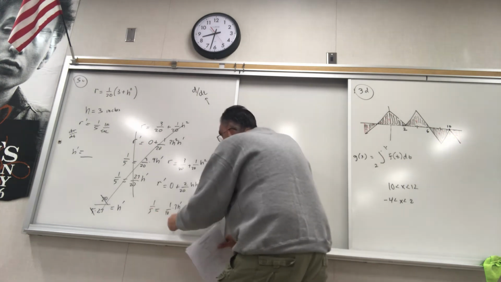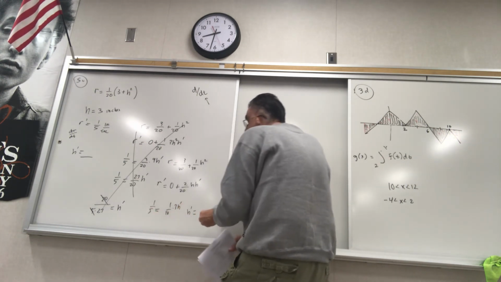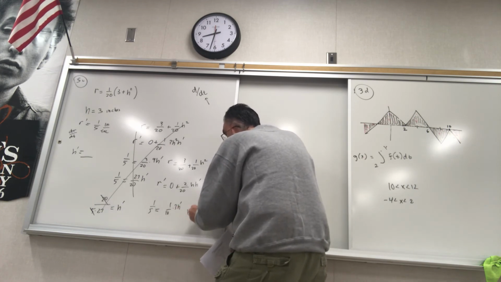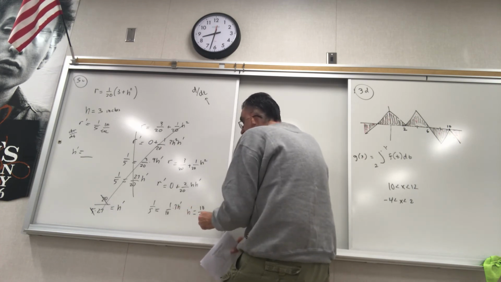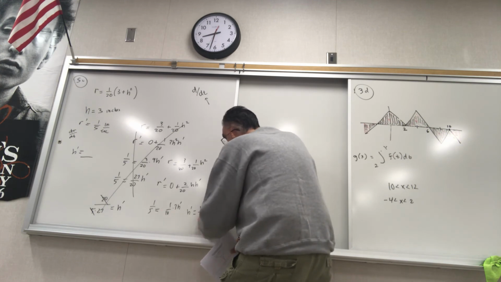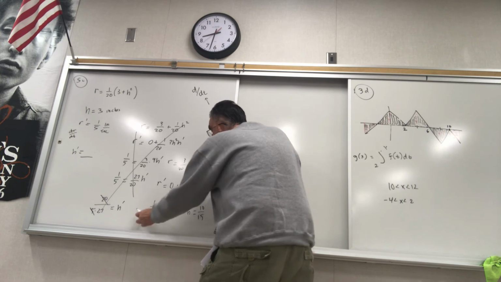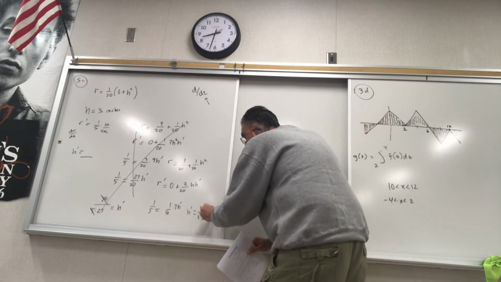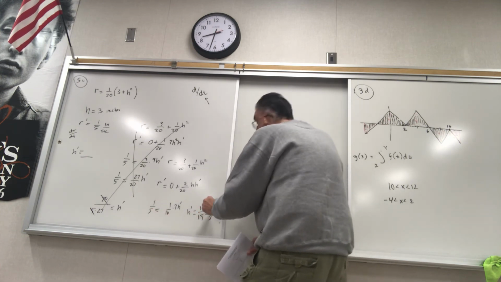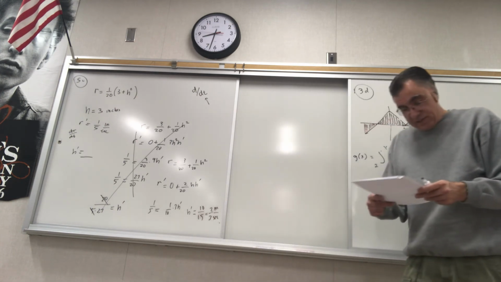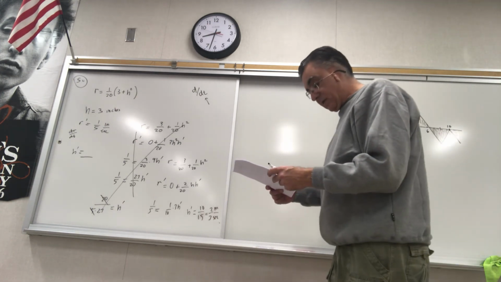Cross multiply, h prime is 10 over 15. So multiply 10 over there, 3 down there, or 2/3 inches per second. Doesn't look like you actually need the units on that.